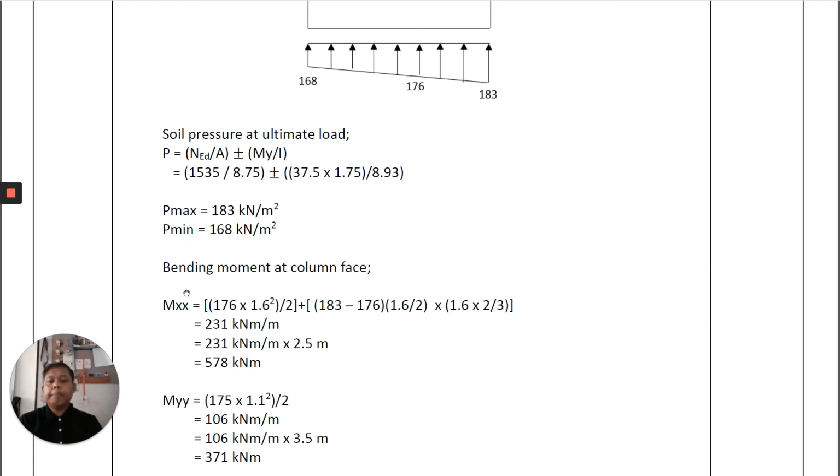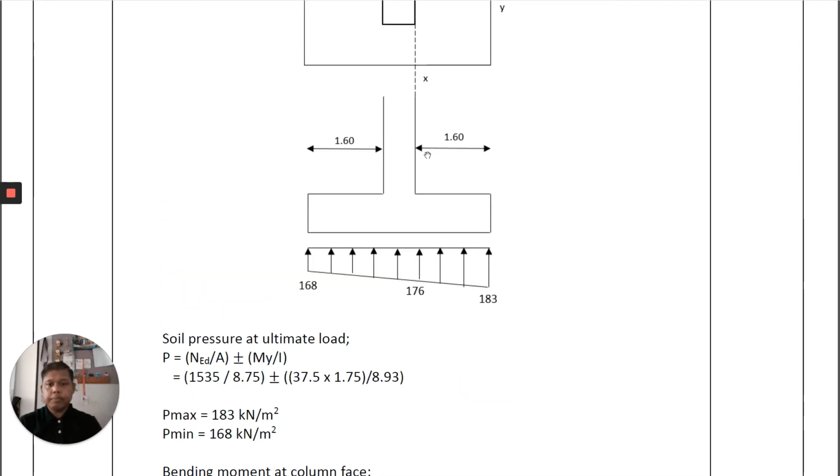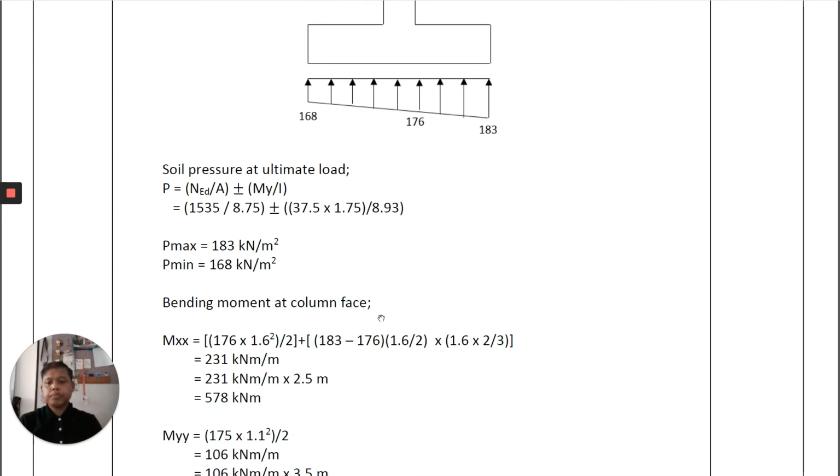Okay, so the bending moment at the column face for the x-axis, which is at this section, is equal to 176 times 1.6 squared, which is, how do I get this 176?